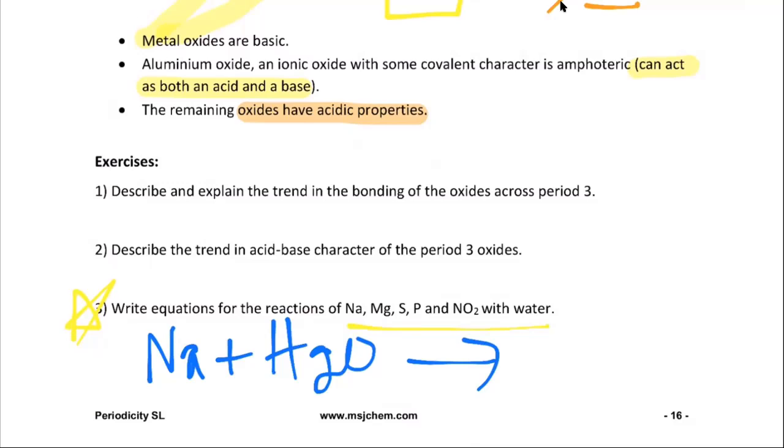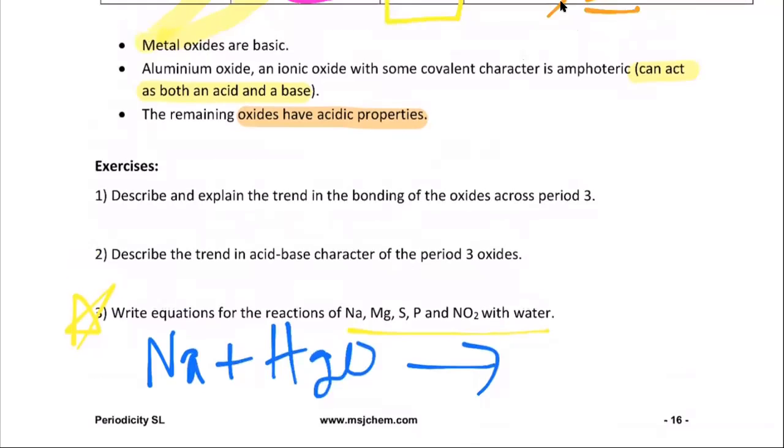So if I have sodium react with water, I'm going to produce the base that has sodium in it. So I'm going to make sodium hydroxide. Magnesium will do the same thing. It will produce a base. The sulfur and phosphorus and the one with nitrogen are going to produce acids, okay?